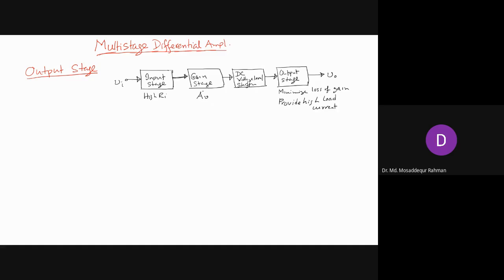Now, because high current means high loss, right? I square loss increases with the increase in current. So at the input and other gain stages, the main aim is to keep the current low so that we can keep the losses low, right?